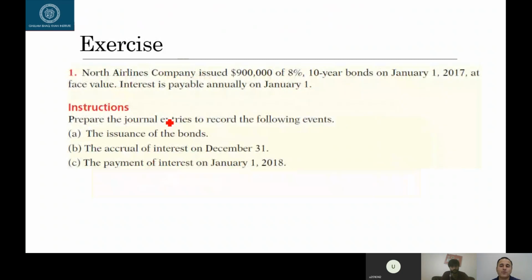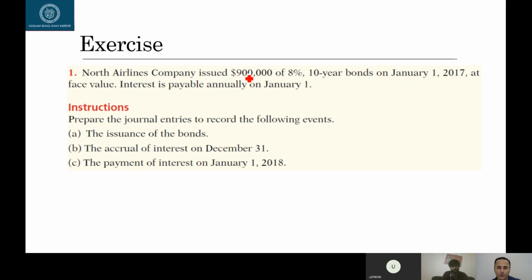Yes, sir. Now, these are the final few slides, the last 2 slides in fact. We will do a very quick exercise. This is exercise number 1 at the end of the book. It says a company issued $900,000 of 8% 10-year bonds on January 1st, 2017 at face value.